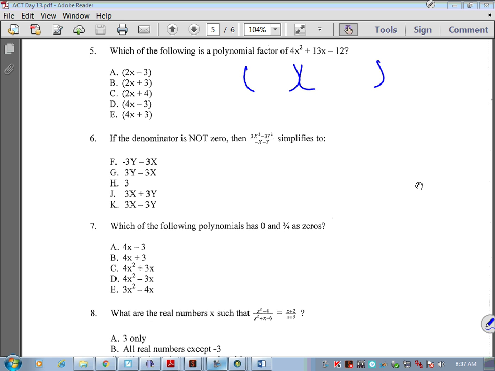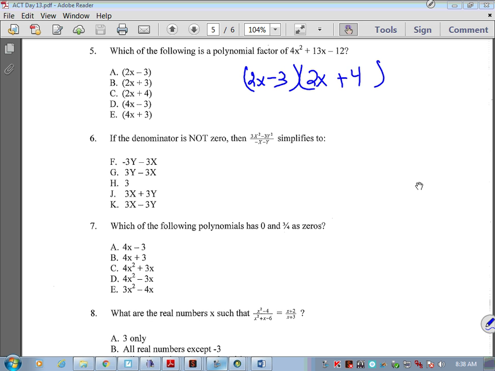So if it was 2x minus 3, all right, we could go down through there. Then this would have to be 2x, correct? Well, what times negative 3 is going to be negative 12? Right, because I'm kind of locked in at that point. It'd be a positive 4.